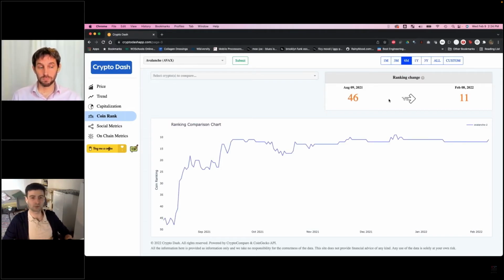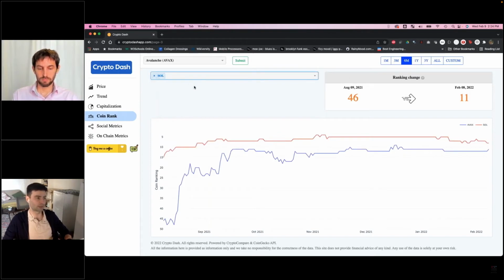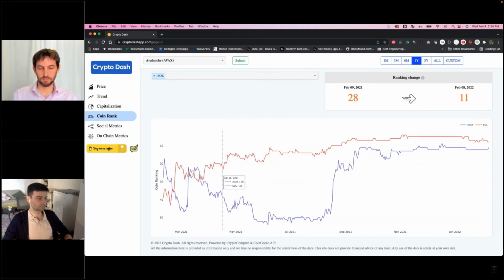And if we want to compare it with a direct competitor, let's say Solana will be a good competitor to Avalanche, and we see actually it's been also performing good and above Avalanche. Okay, so that's in hand.